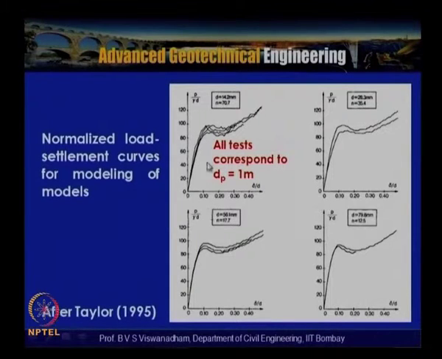So it can be seen that a number of tests have been carried out, and the reproducibility and repeatability of the tests was found to be very good, and at delta by D equal to 0.1, P by gamma D is found to be in the range of 95 to 100. Similarly here also, at delta by D equal to 0.1, P by gamma D is found to be in the range of 95 to 100.